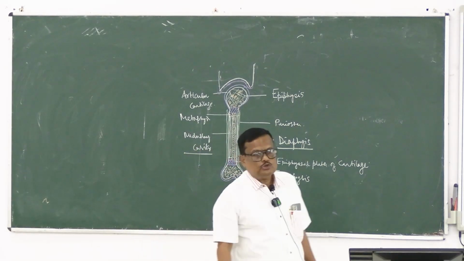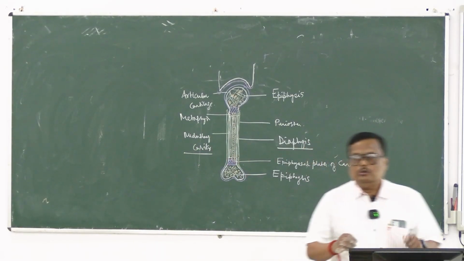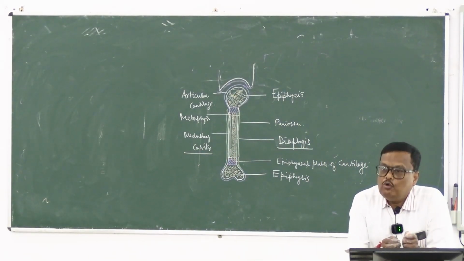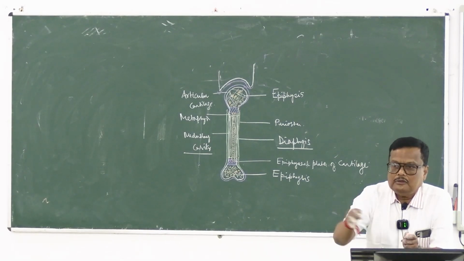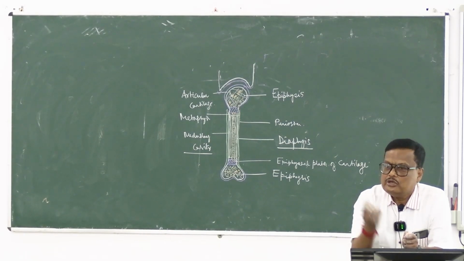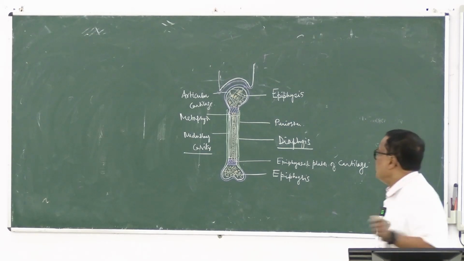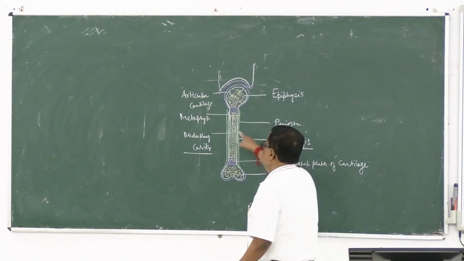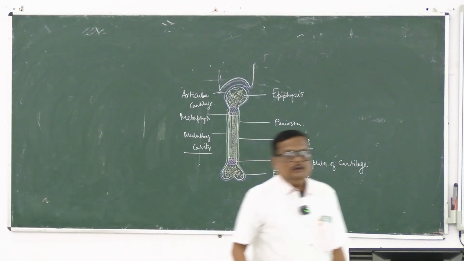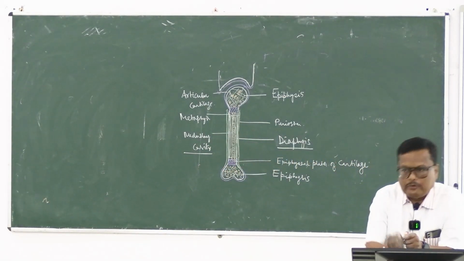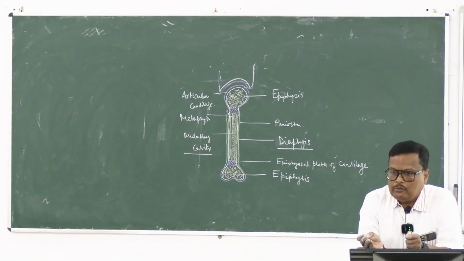Another name for fat tissue is adipose tissue. Fat is usually yellowish in color. You can see that at the meat shop, the fat is yellow in color. So this marrow gets yellowish. We call it adult yellow marrow, unlike the red marrow.